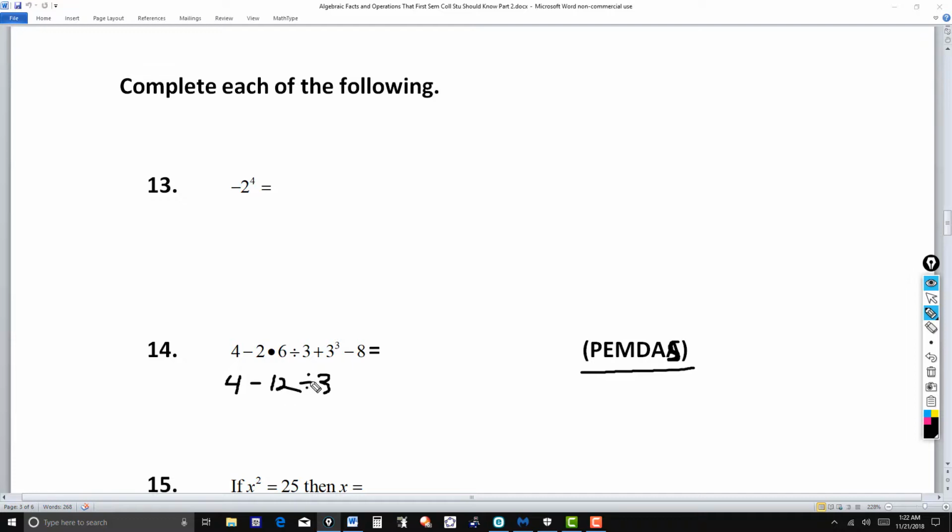So 12 divided by 3 is 4, so 4 minus 4 gives me 0. So all I have left is 3 to the third. Okay, exponential takes preference over subtraction. So this is 3 to the third is 27 minus 8. That's equal to 19. Okay, so that's your answer.